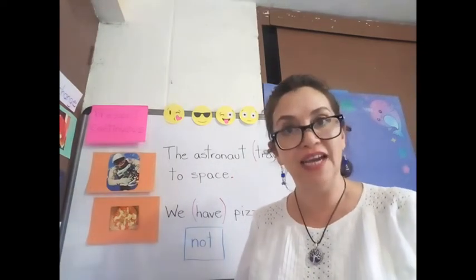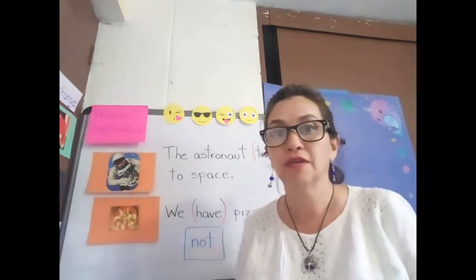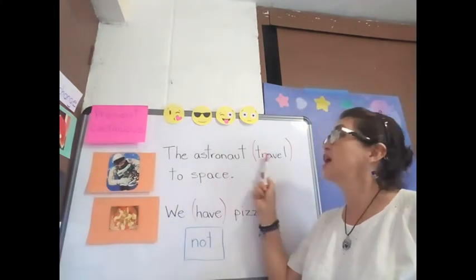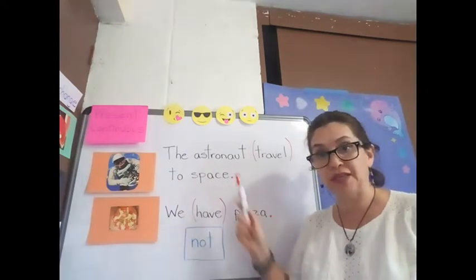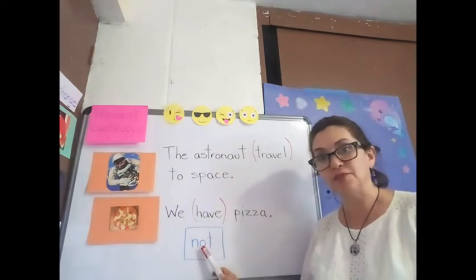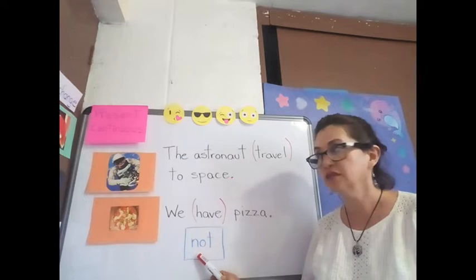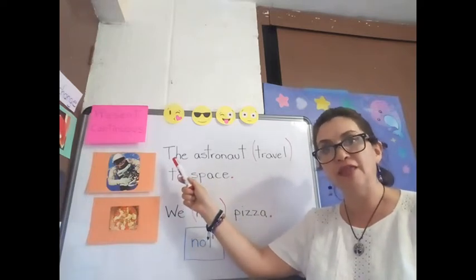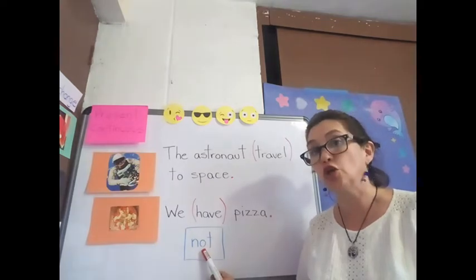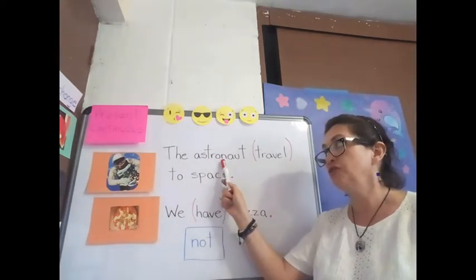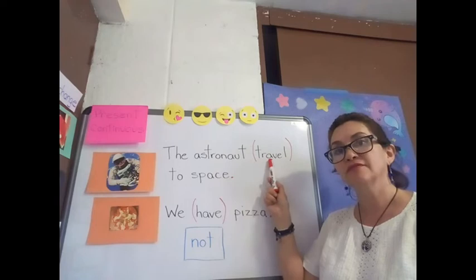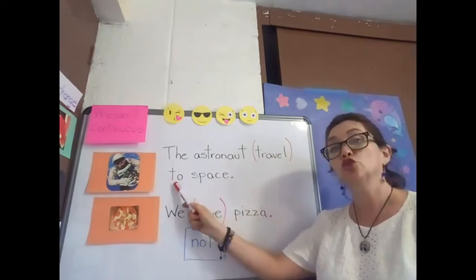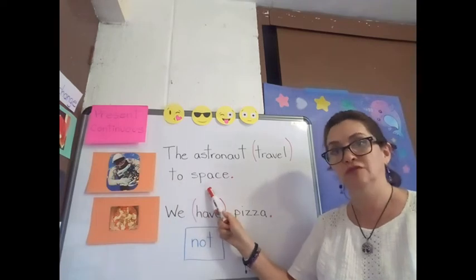Let's continue with the exercise. Now let's make negative sentences, okay? The affirmative sentence was, the astronaut is traveling to space. Now let's make it negative. Remember, you have to add the verb to be and then the particle not. The astronaut is not traveling to the moon.